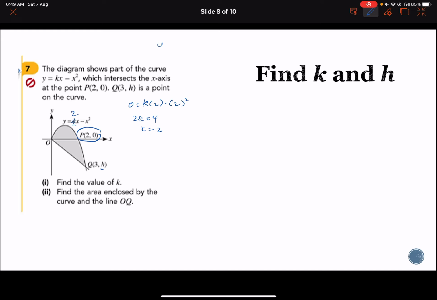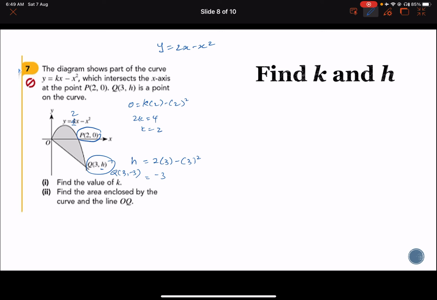So our equation now, I just write at the top, is 2x minus x squared, just for you to see. Once we know that, we can find the h value as well. When h is the y, we have 2 times 3 minus 3 squared, so we get negative 3. So Q is (3, -3).